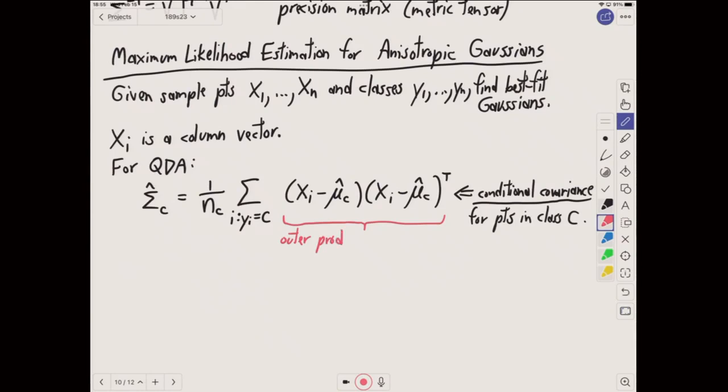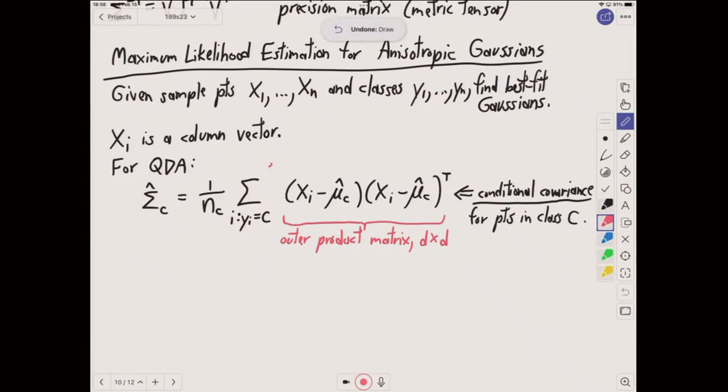So this is going to give us a rank 1 matrix, and it'll be a d by d matrix. This sum here is summing just over all the points in class C, omitting the points in the other classes. And lastly, NC is the number of points in class C.